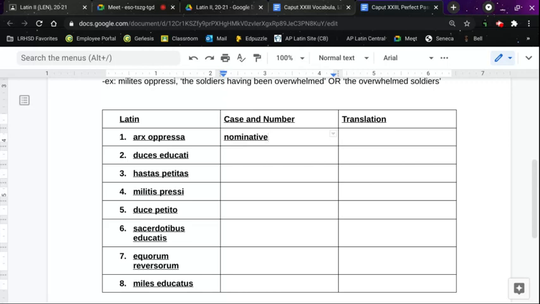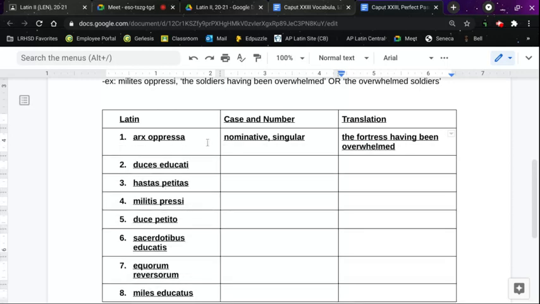All right, so you might need your first and second declension noun endings to do this activity. So it's nominative and singular, and then we're going to translate it based on the case. So the fortress, and so since it's nominative, we don't have to do anything like of or to or for. The fortress having been overwhelmed. You can give either translation here.